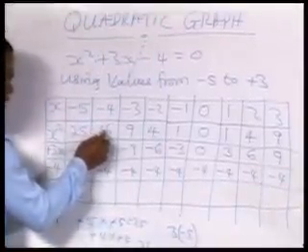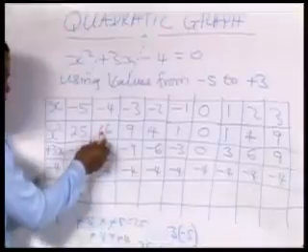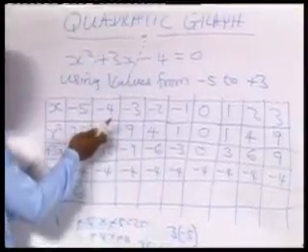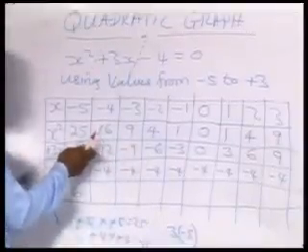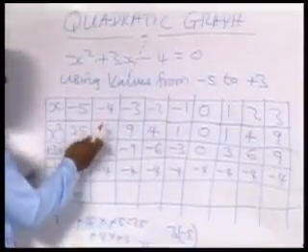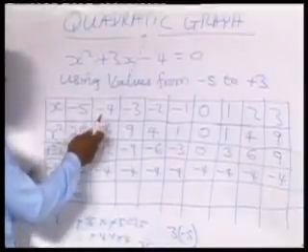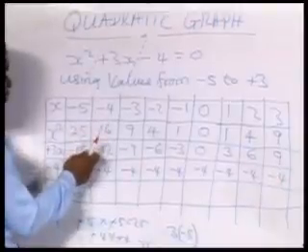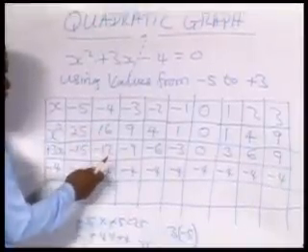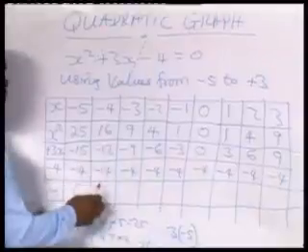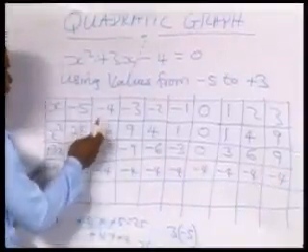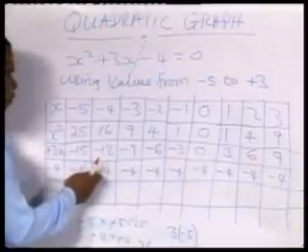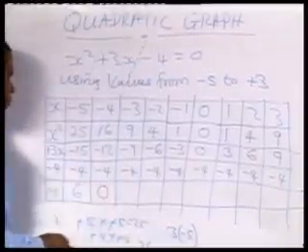Now, 16 is here. 16 minus 12 will give us 4, is it not? So 4 minus 4 will give us 0.